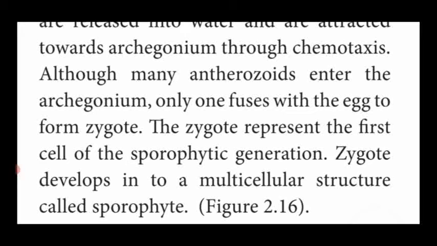So the diploid zygote, two in number, isn't it? Male gamete and female gamete, both of them fuse together to produce a diploid or 2n zygote. This zygote afterwards develops into a multicellular structure, the sporophyte.